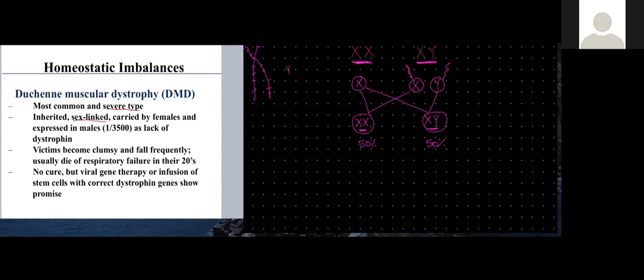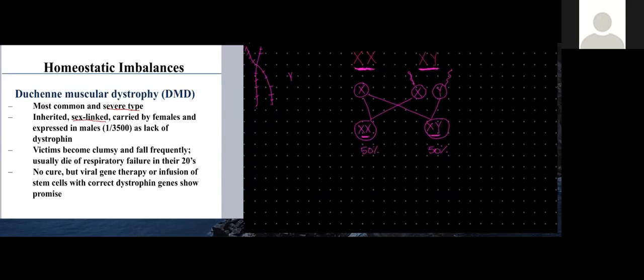All right. So if I'm telling you that Duchenne muscle dystrophy is a sex-linked disease, an X-linked disease, the defective gene is going to be present on the X chromosome.